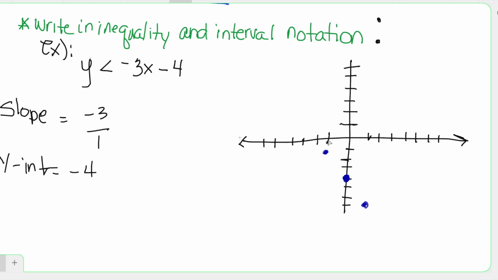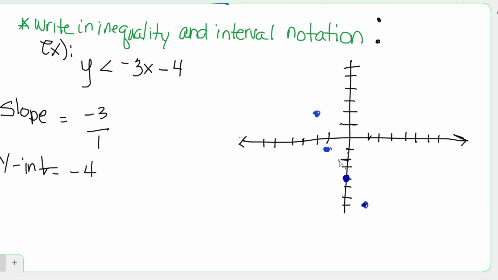If you want, you could do one more, 1, 2, 3, and to the left 1. So I went ahead and created my dots here for my inequality, below and above. You always want to have 3 more points than the actual y-intercept.